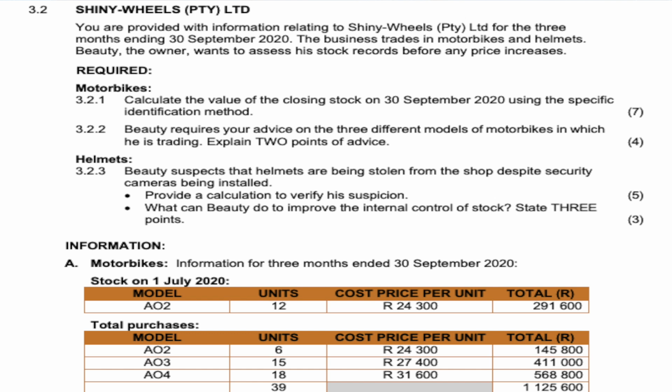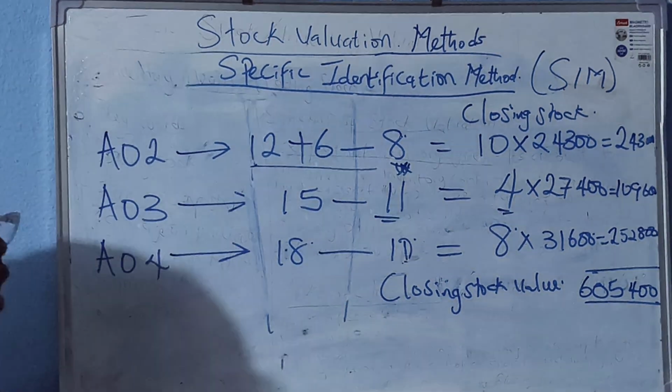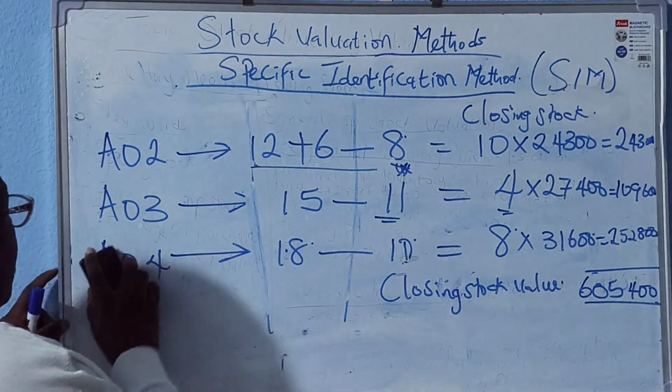Beauty suspects that helmets are being stolen from the shop despite the security cameras installed. Provide calculation to verify his suspicion. So at this point, we are looking at the helmet, and you are going to be considering the units of the helmet.